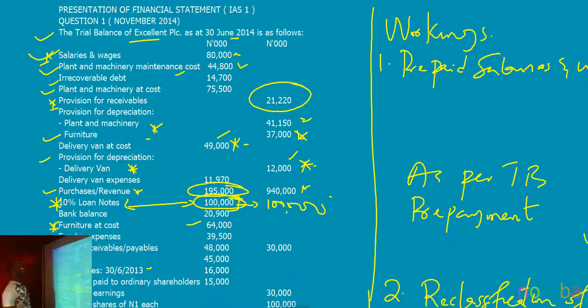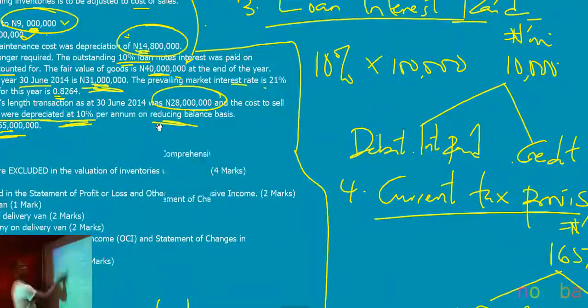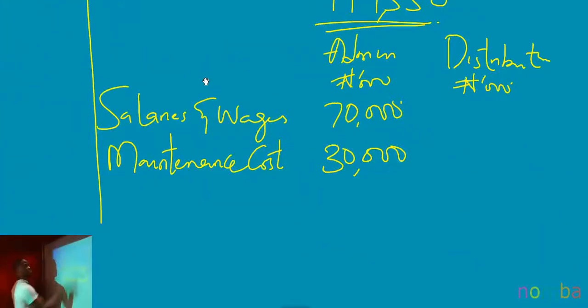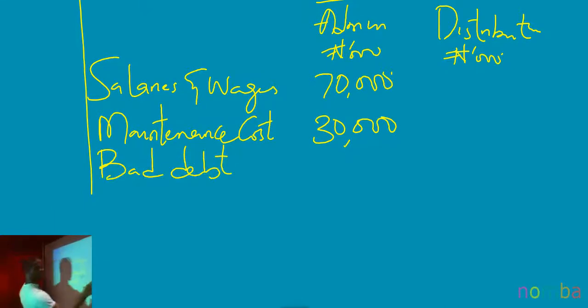That is bad debt, and it is 14,700. So let me go and have my irrecoverable debt. We call it bad debts. It's shorter to write. As 14,700. Okay? Put it as admin.